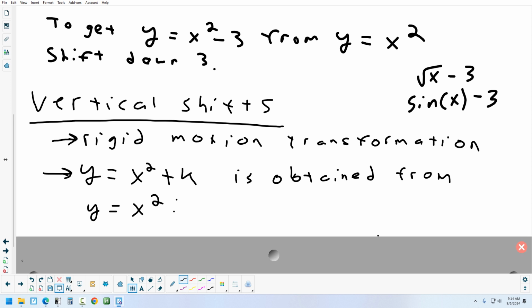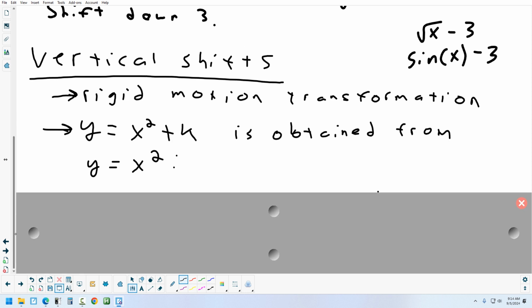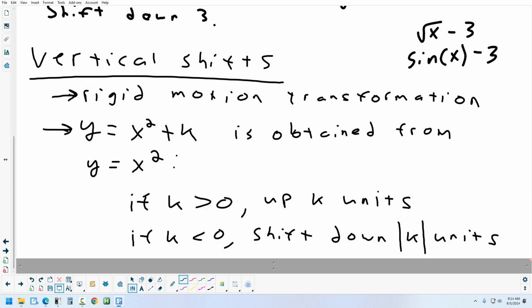Okay, so vertical shifts. Vertical shifts are what we call rigid motion transformation. They don't stretch the graph or distort it in any way. And to figure out which way the graph is going to move, look at the number that you've added on the end of the function.